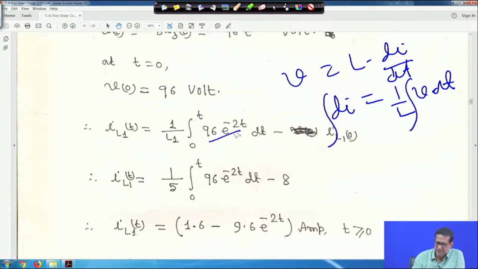So this is my voltage V and this is for inductor 1, with L1, but after this there is a minus IL1(0) because the initial current was there, 4 ampere. So why have we taken the minus sign here? Minus or plus, this is a question to you, same as the capacitor question I put.